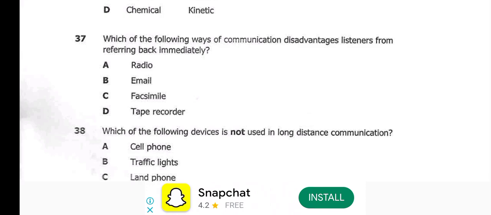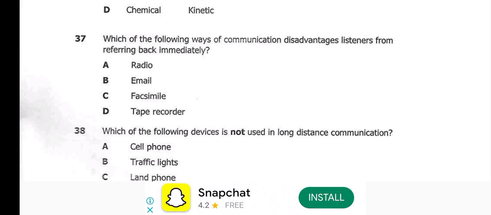7. Which of the following ways of communication disadvantages listeners from referring back immediately? A tape recorder, fax, email, radio. With radio, the information can be sent and received and sent back easily.